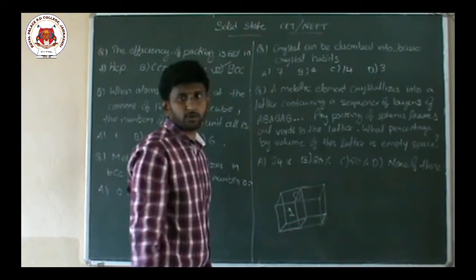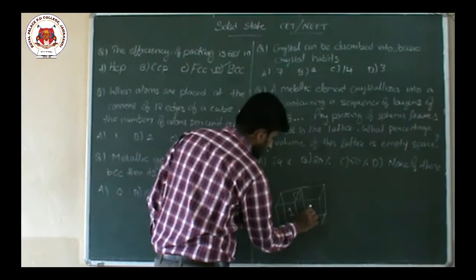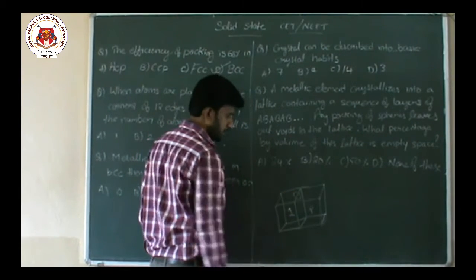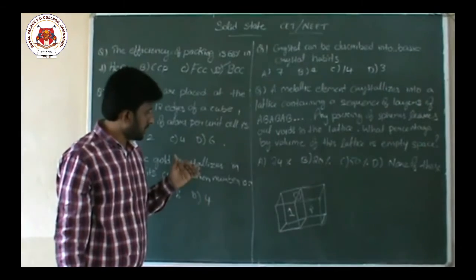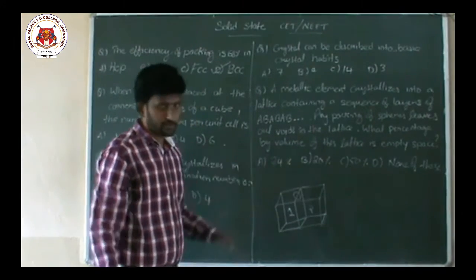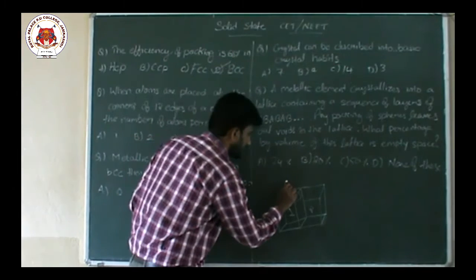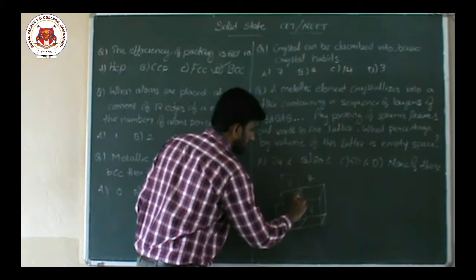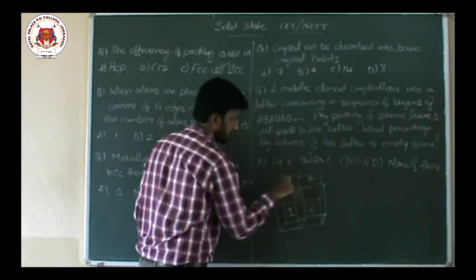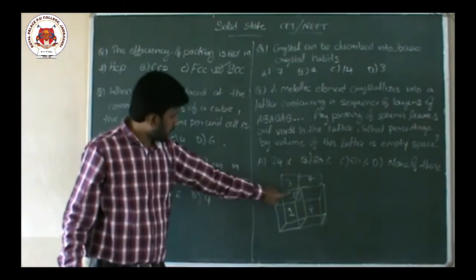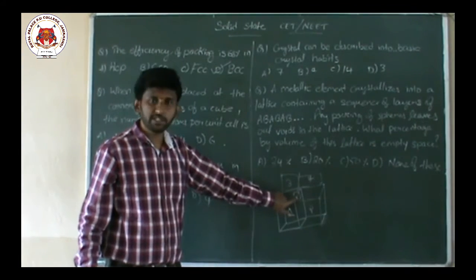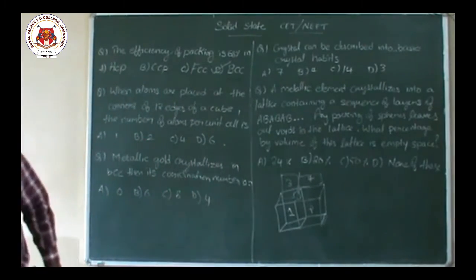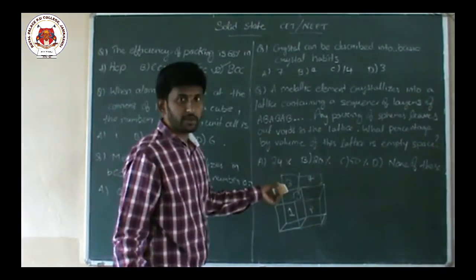If I draw one more cube along the same axis, this second cube is also sharing the edge. Similarly, if I take two more cubes and place them exactly on the first and second cube, let us assume this is the third cube and this is the fourth cube. So one edge will be shared by how many cubes? It will be shared by 4 cubes. So one edge is common for 4 cubes.